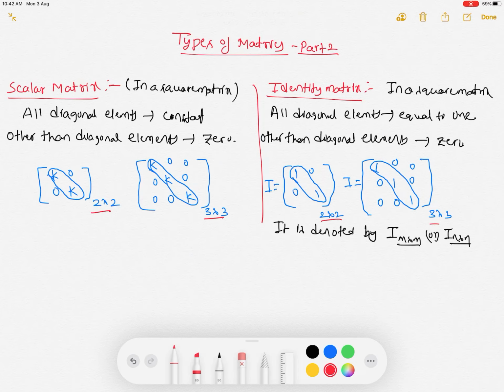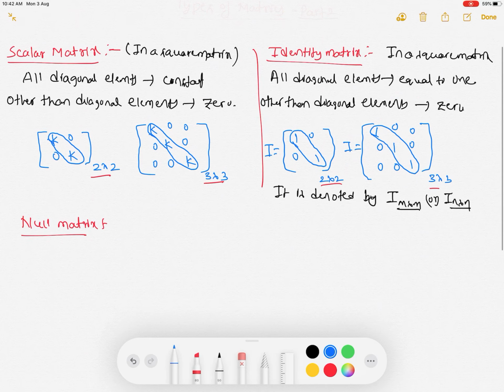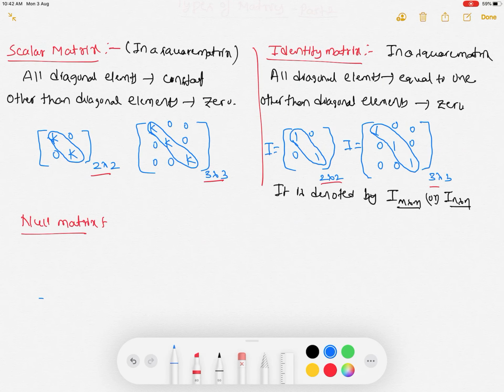What is a null matrix? If all the elements are 0, then that matrix is called a null matrix.